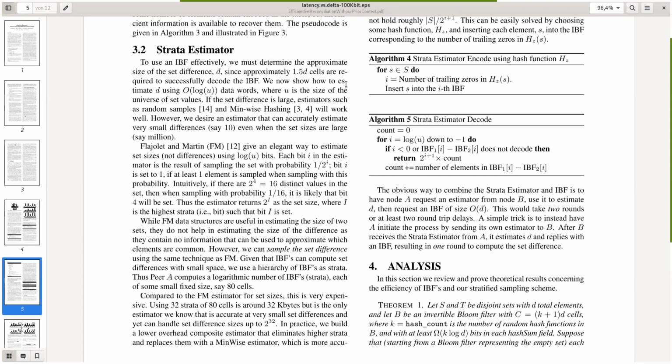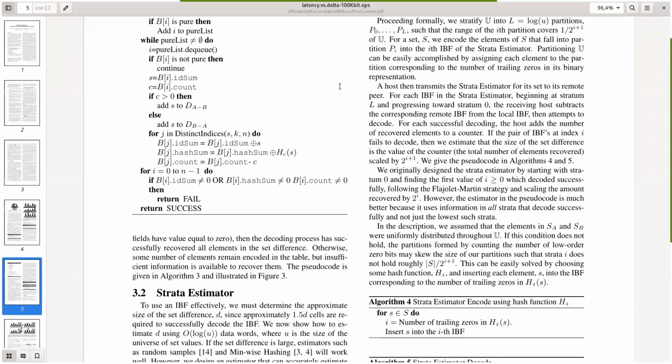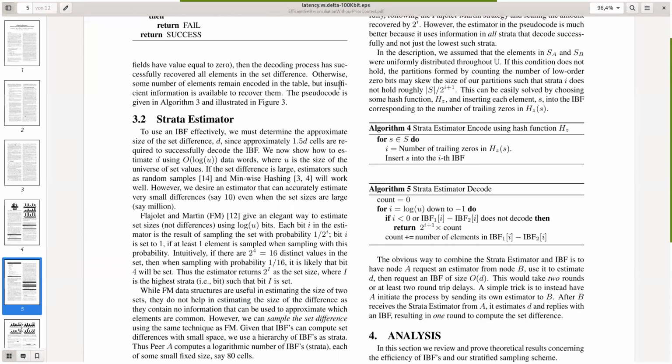So for estimating the difference size, they are using the count of the number of elements they were able to extract from the different smaller strata partitions that they made. So they make a bunch of small IBFs over increasingly smaller partitions, and then starting from the smallest partition and getting bigger, they figure out how many elements they can extract.